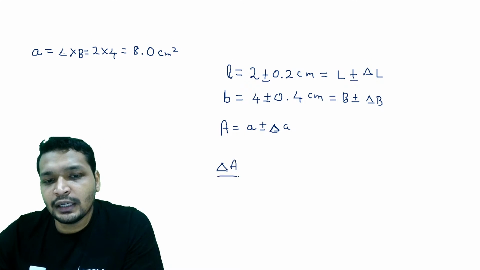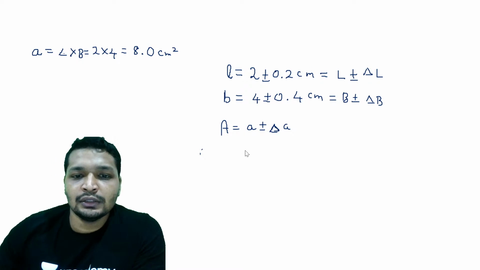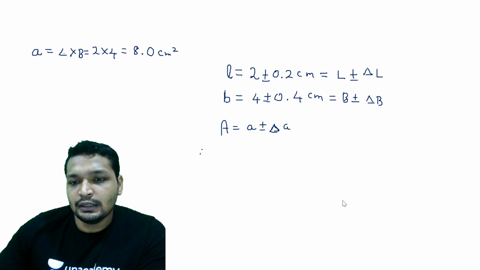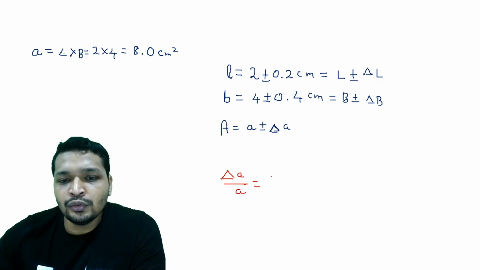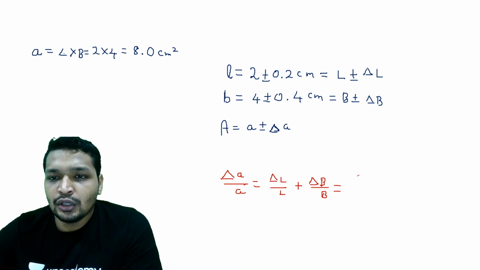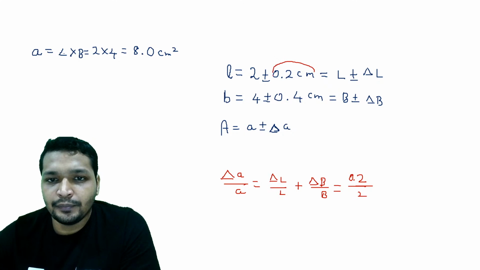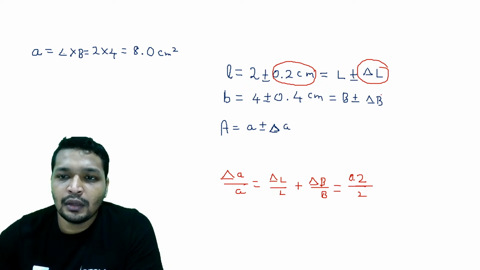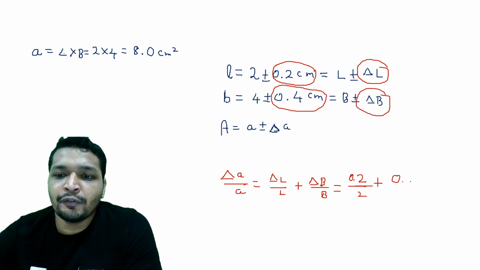Let's do it this way, delta A by A is equal to delta L by L plus delta B by B. How much is this? 0.2 divided by 2, plus delta B, which is 0.4, divided by 4.